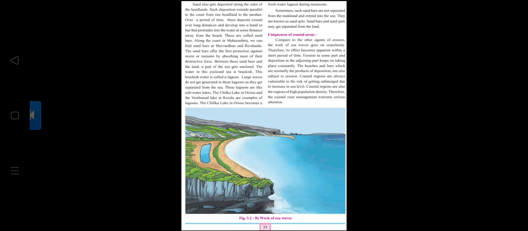They are known as sand spits. Sandbars and sand spits may get separated from the land. So it is possible that these sandbars which are formed and spits can get separated from the land.